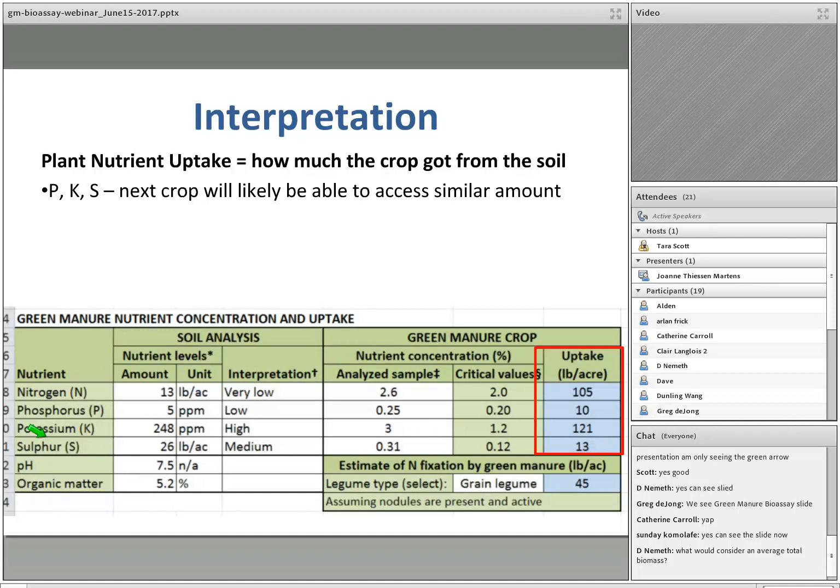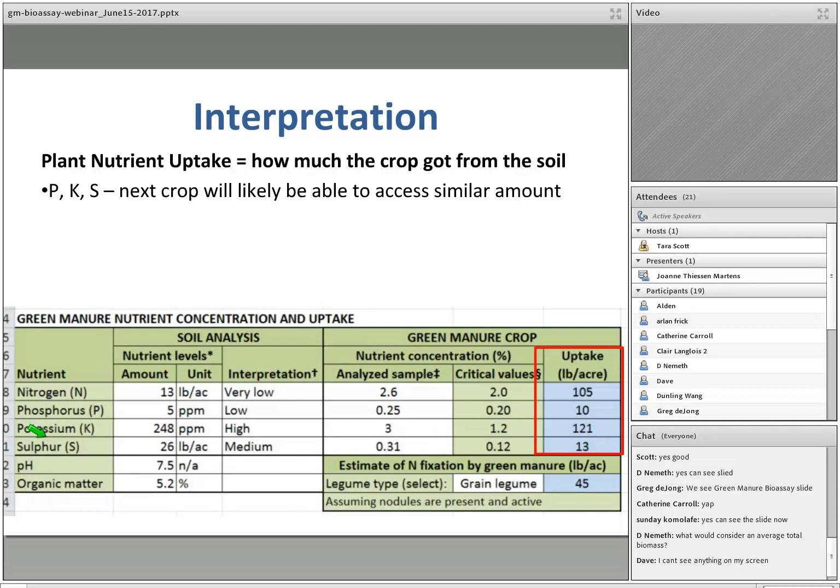And it gives you an idea of how much that green manure crop actually got out of the soil. So for phosphorus, potassium, and sulfur, and any other nutrients that you would analyze, except for nitrogen, it gives you an idea of the nutrient supplying power of the soil. And we can assume that the next crop will be able to get a similar amount out of the soil.